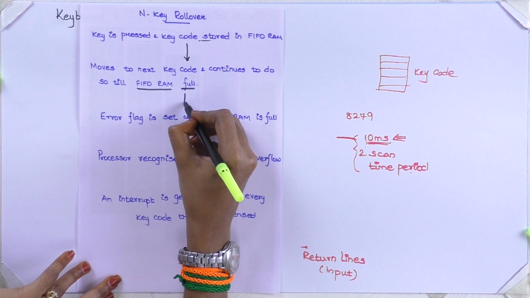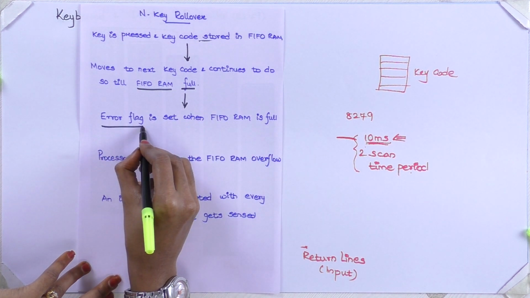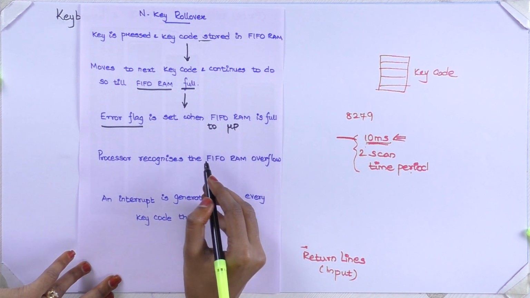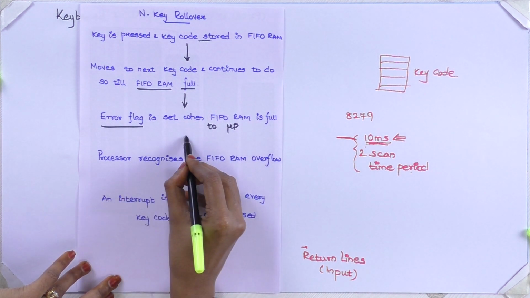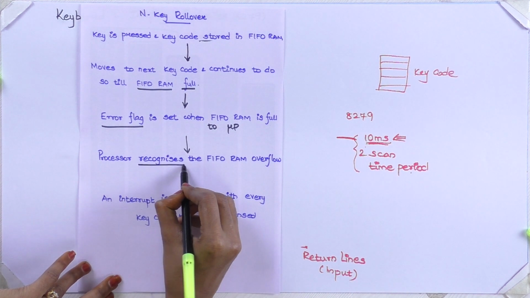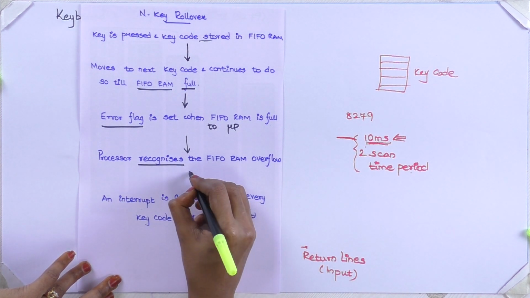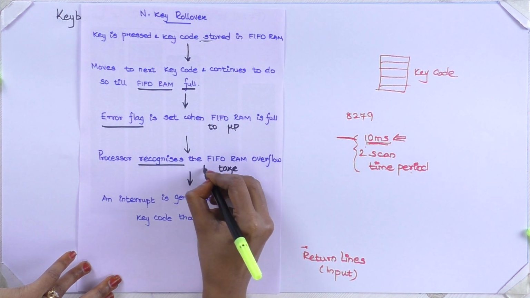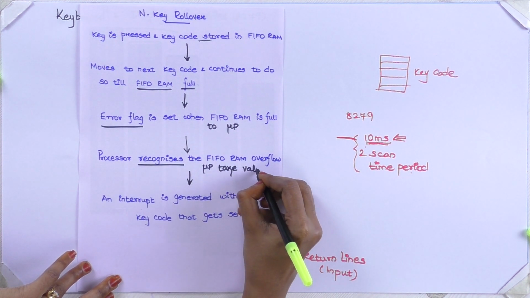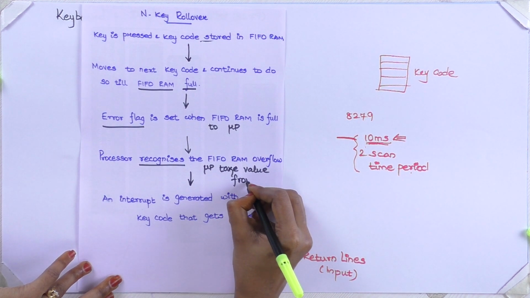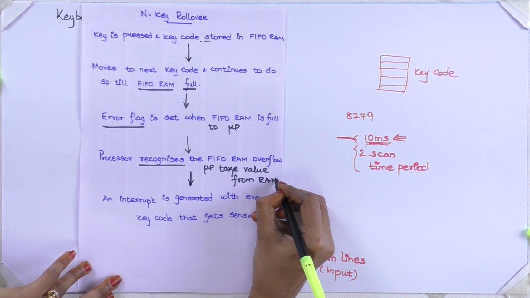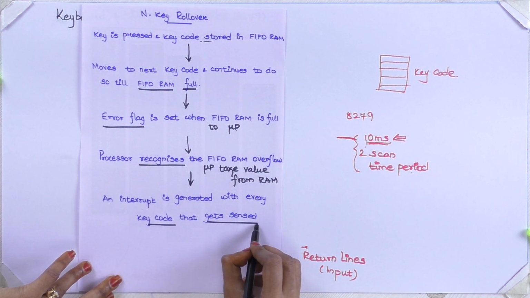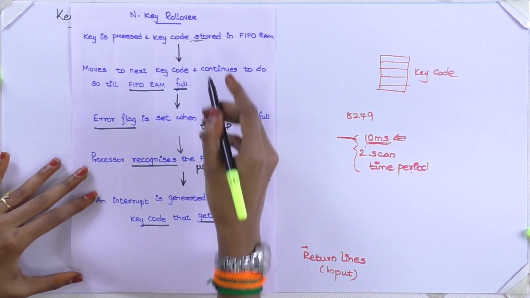If the RAM is full, an error signal will be generated to indicate to the processor that the RAM is full. When the processor recognizes this overflow, it will take the value from the RAM. An interrupt will be generated every time a key code gets sensed. This is N key rollover.